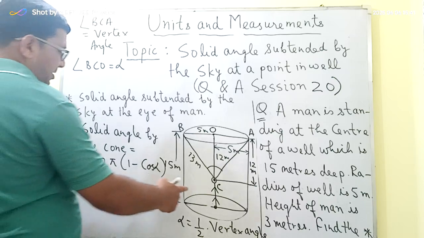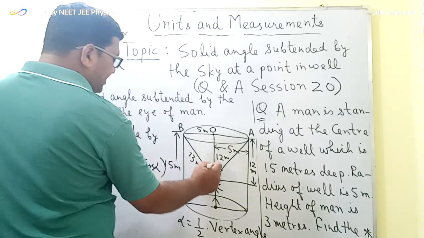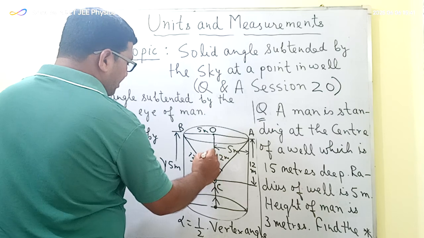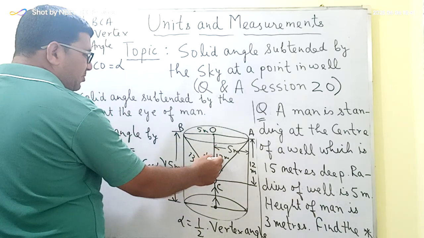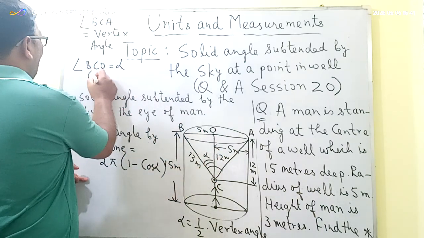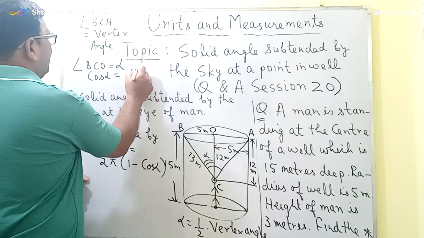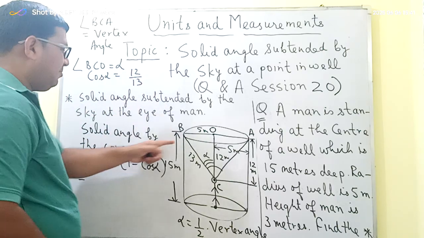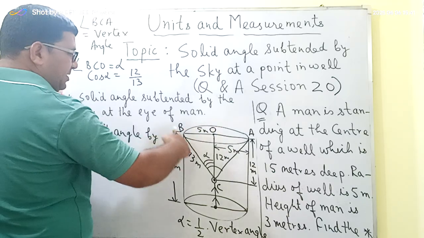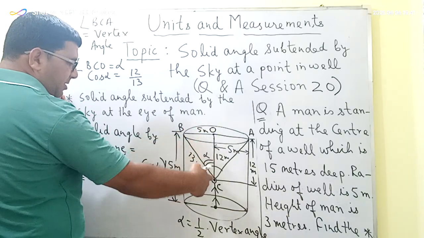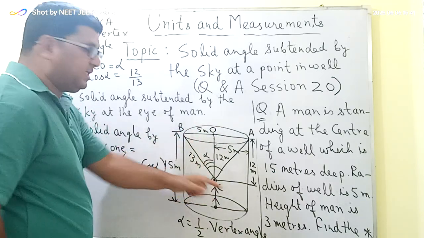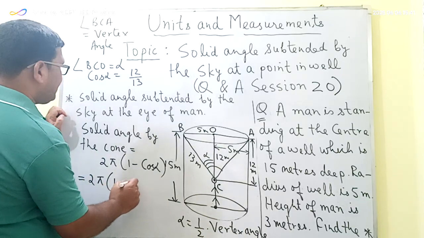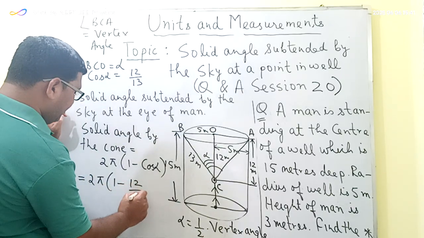So cos alpha will be equal to base upon hypotenuse, so cos alpha will be equal to 12 by 13. So the solid angle subtended by this cone at the vertex C will be equal to 2 pi (1 minus cos alpha), with cos alpha equal to 12 by 13.